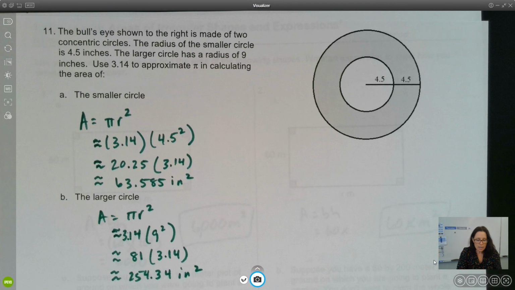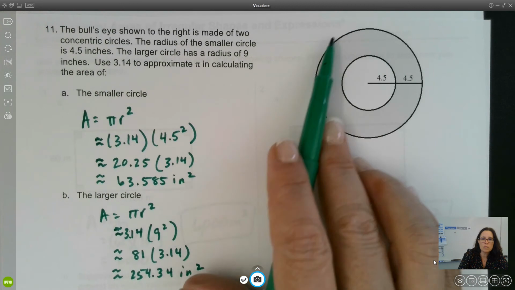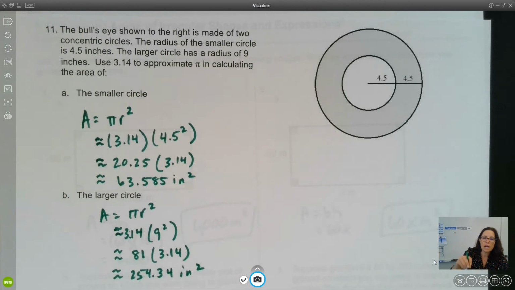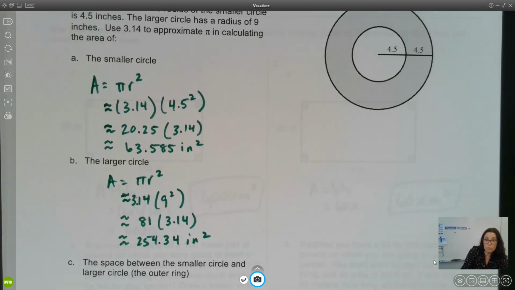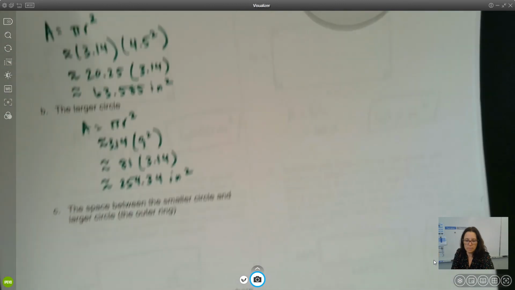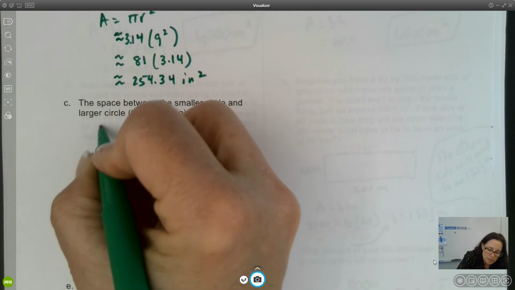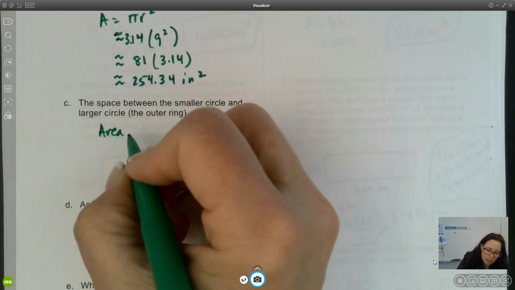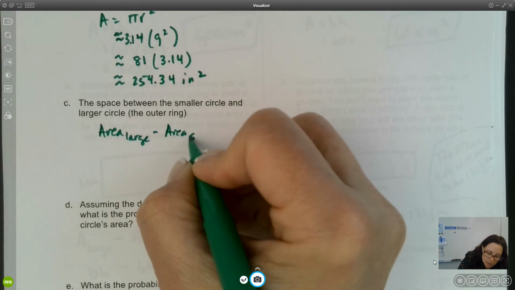Now we're going to calculate the area of the space between the smaller circle and larger circle, the outer ring. So basically, we are finding the area of the shaded part. We did the whole thing, and we're going to take out that middle circle, that small circle, and we're going to be left with kind of like a lifesaver type thing. Two-dimensional, right? Flat. So this is going to be the area of the large minus area of the small.